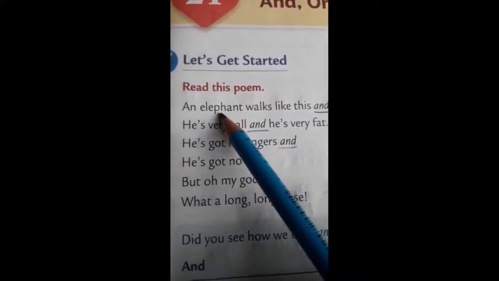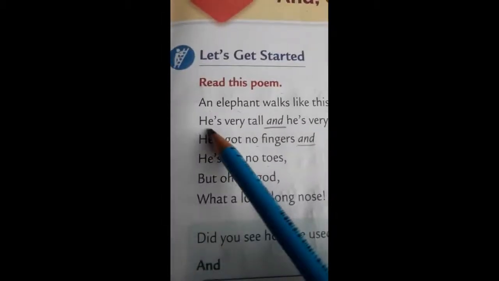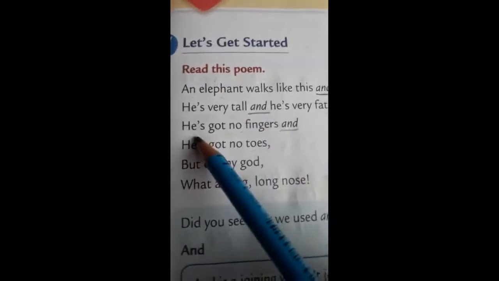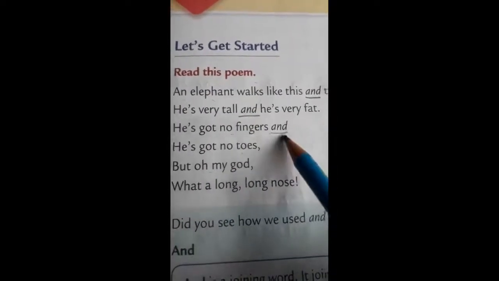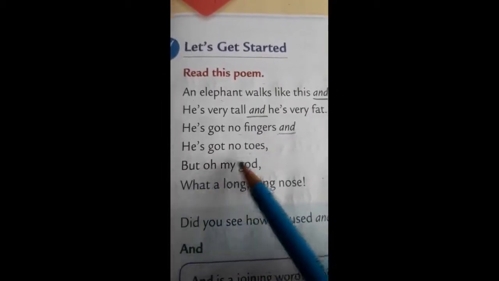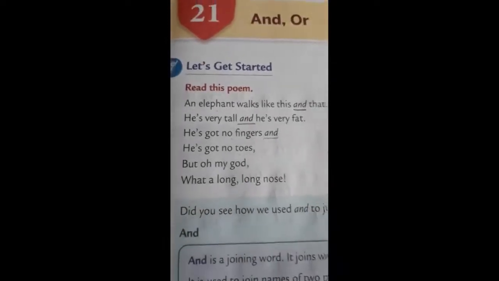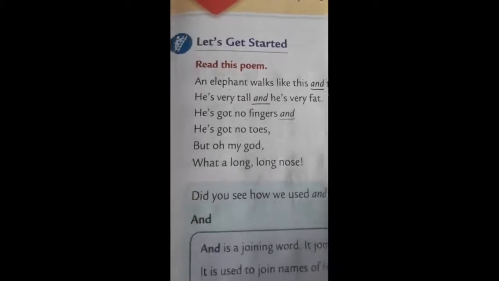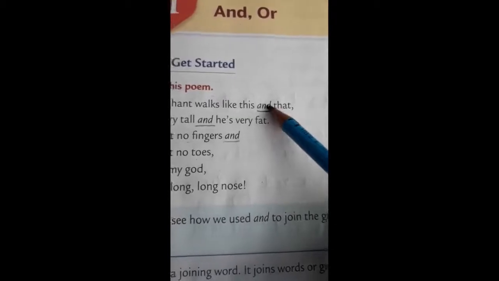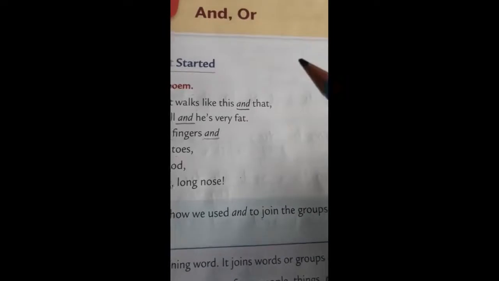An elephant walked like this and that. He is very tall and he is very fat. He's got no fingers and he's got no toes, but oh my God, what a long, long nose. So children, did you see how we use and in this poem?